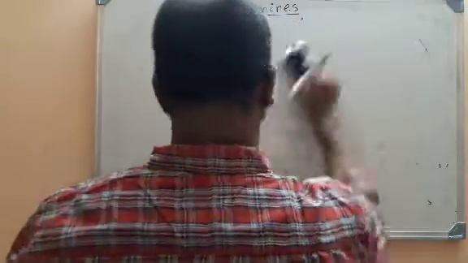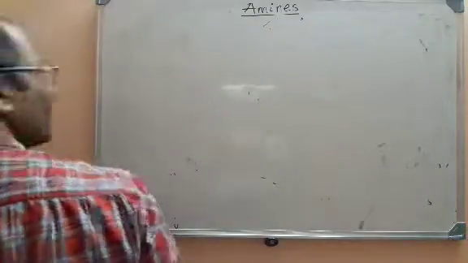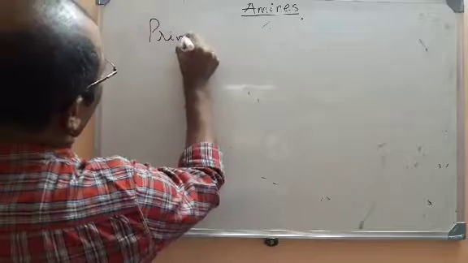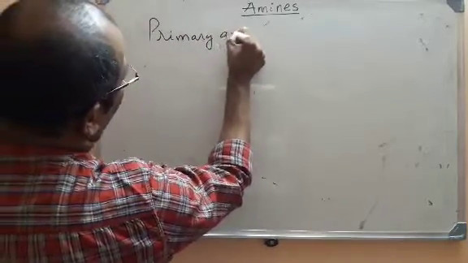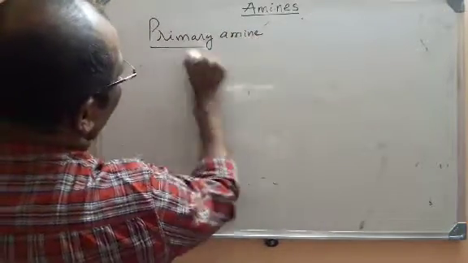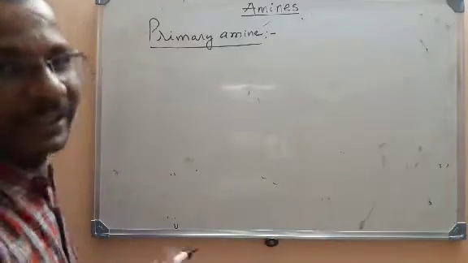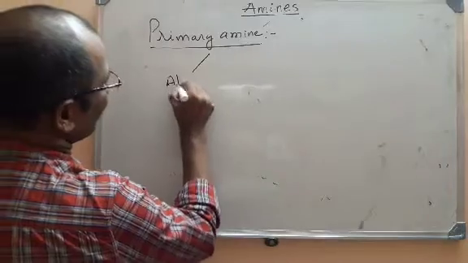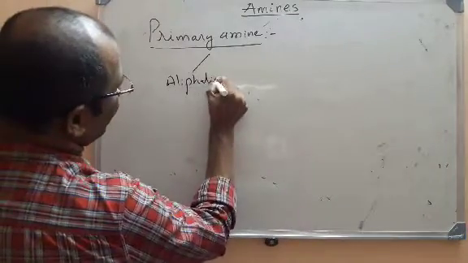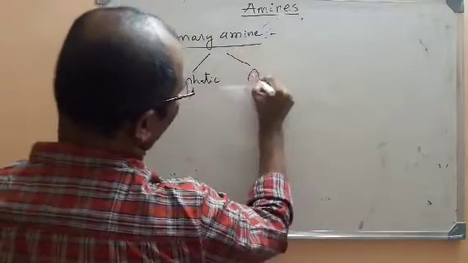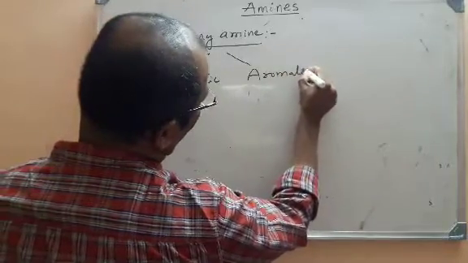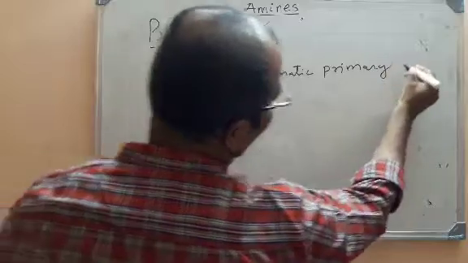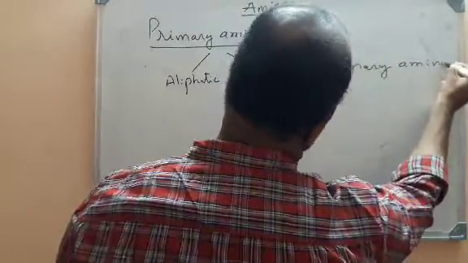Now we'll study the classification of primary amines. We'll take only primary amines now, which may be aliphatic or aromatic. Primary amines are again divided into aliphatic primary amines and aromatic primary amines.